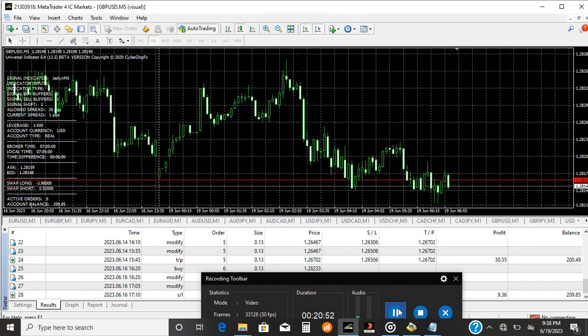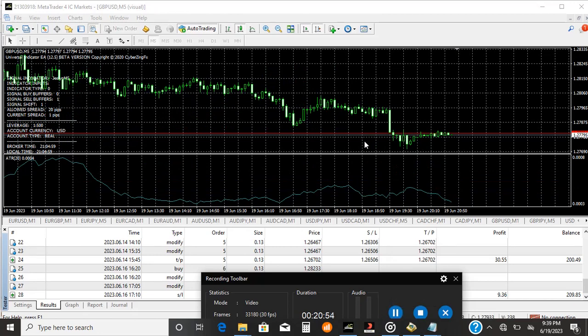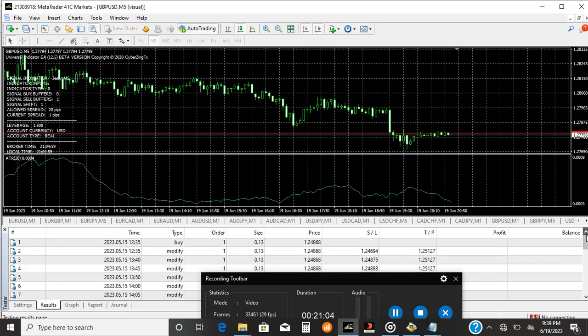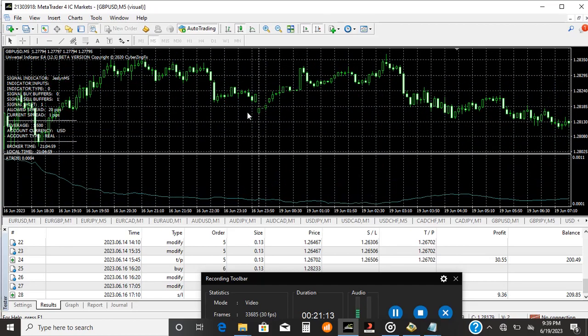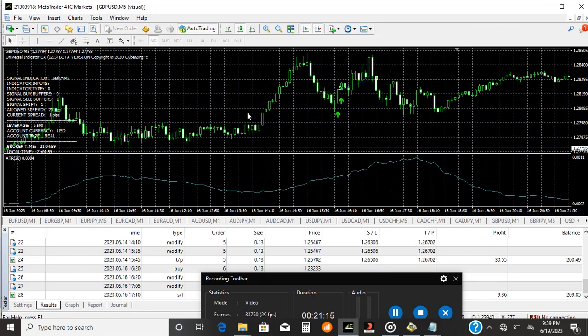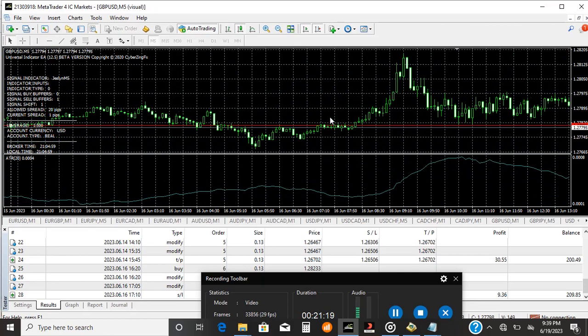Not bad. So at the end of the day, we made some good profit from this currency. Okay, so let's take a recap of what happened. As you can see, it's good for binary options too.